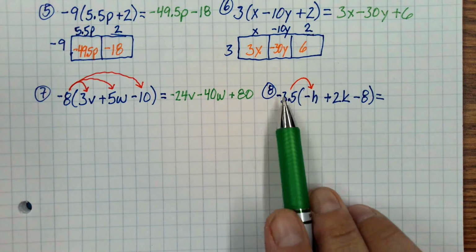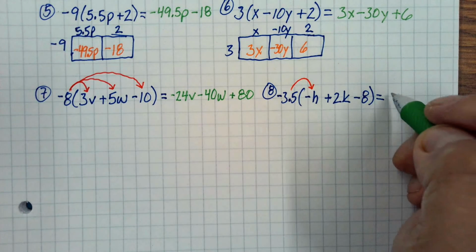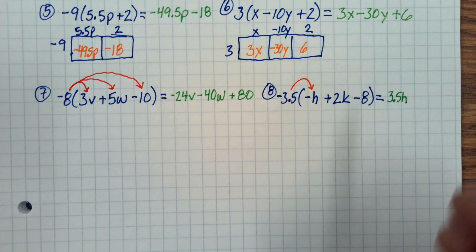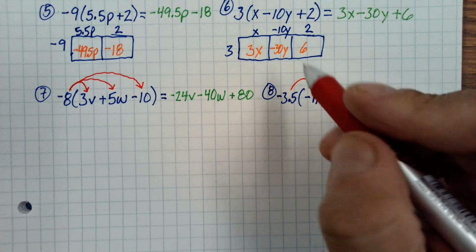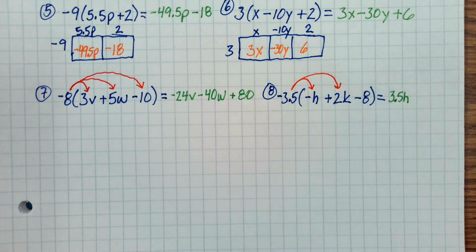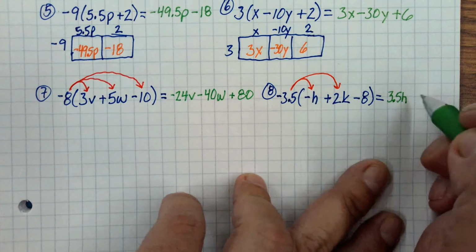Well, we are multiplying a negative times a negative, right? So it becomes just positive 3.5h. So let's start with that. 3.5h. Then we're going to multiply negative 3.5 with plus 2k. Negative 7k. That's a negative times a plus, so that's minus 7k.